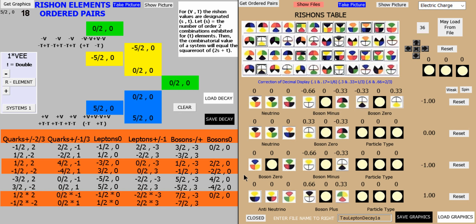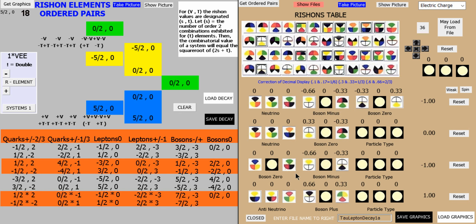Now, if we look at the vector W boson, we first have the vector boson 0, which again has a particle and an antiparticle, which are giving us an electric charge of 0.